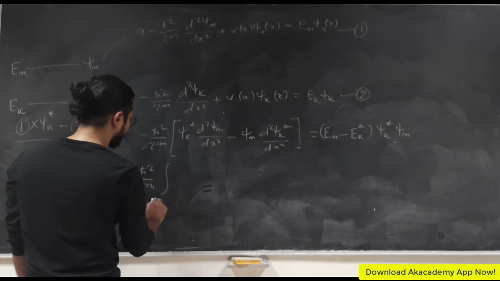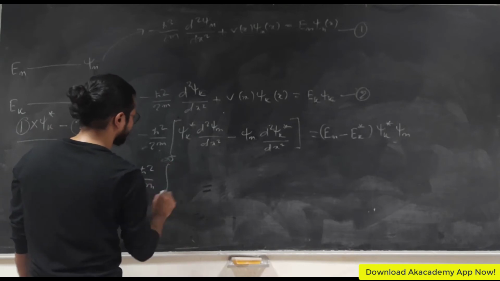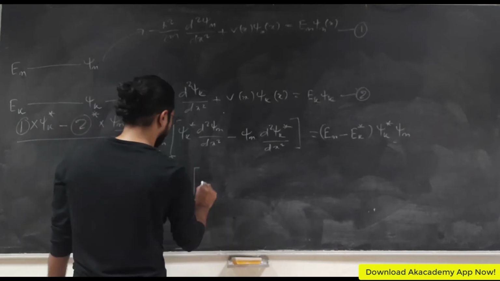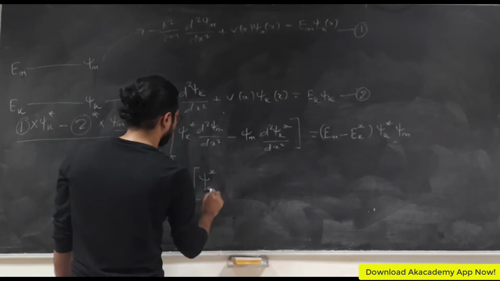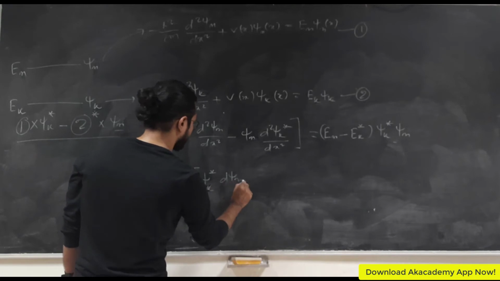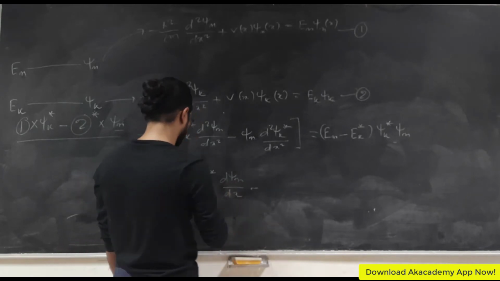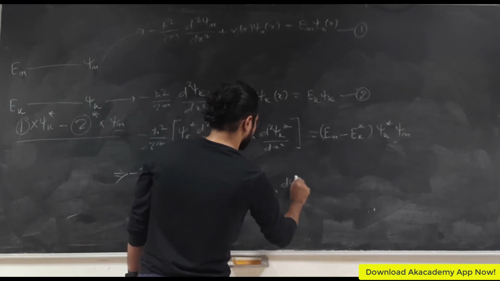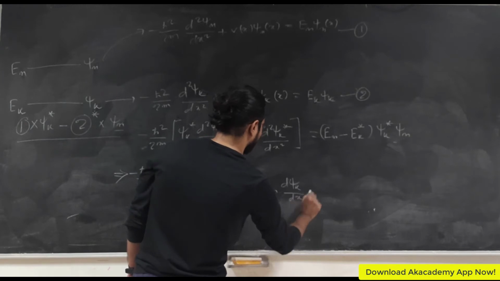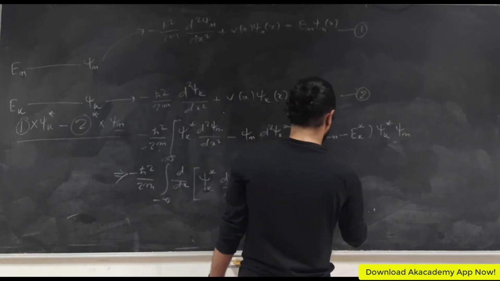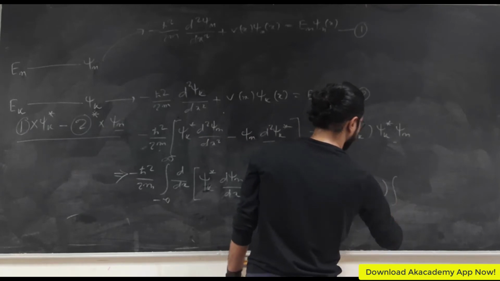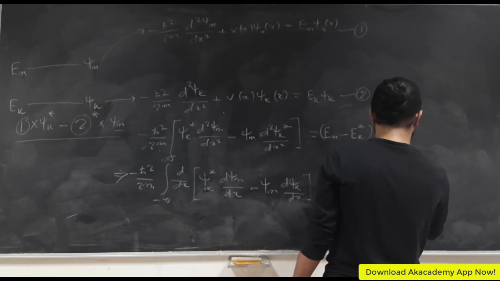If we integrate this from minus infinity to plus infinity, d/dx of psi k star d psi n dx minus psi n d psi k star dx, that is equal to en minus ek star, the integration over minus infinity to plus infinity of psi k star psi n.